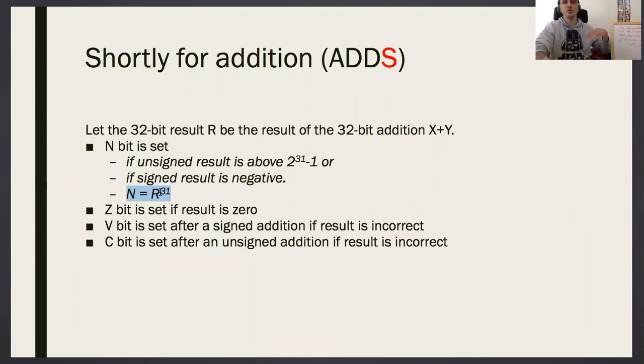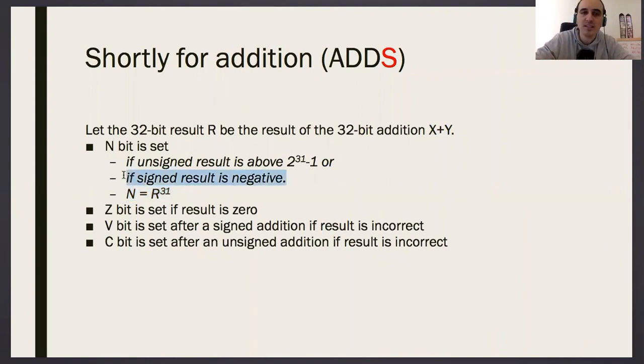Well, this is a bit confusing, but I'm going to explain it to you. Guys, forget these two lines. When you make a summation, you don't care if they are unsigned or signed. You just sum them up. If the most significant bit is 1, then N is 1. That's the only thing that you should look for.